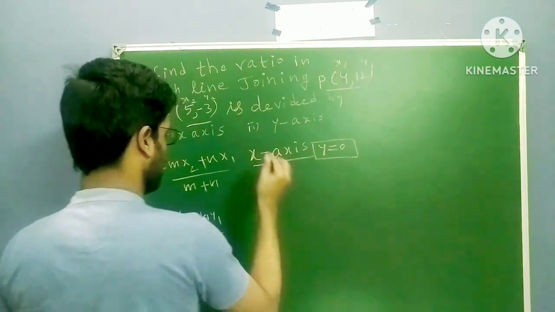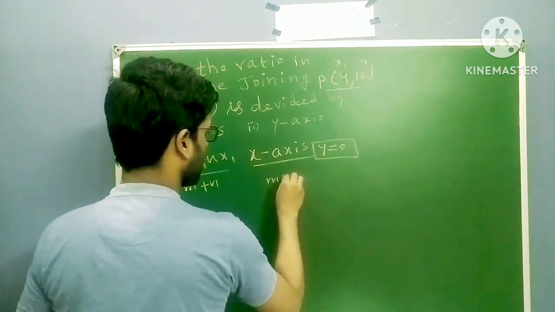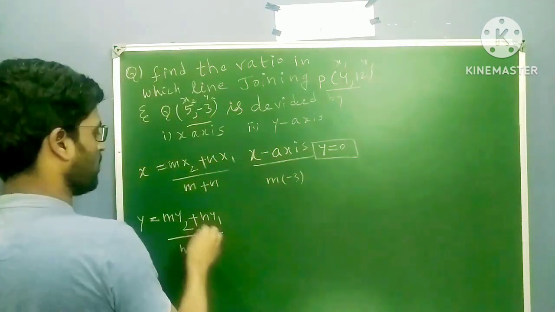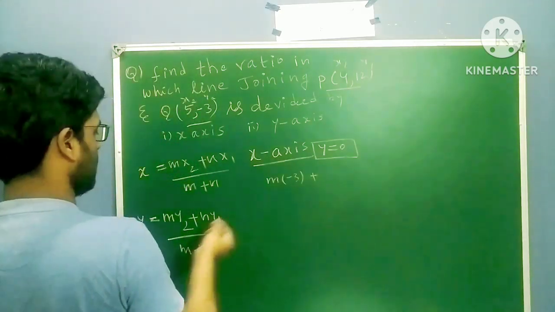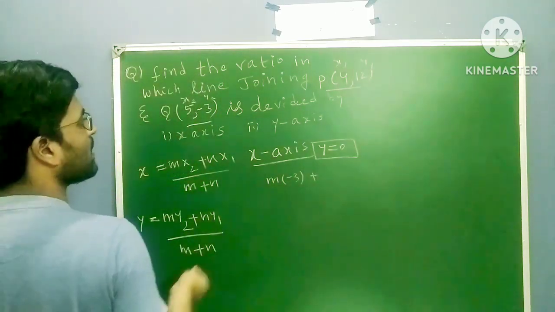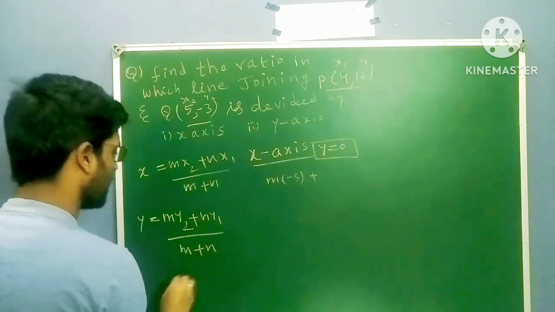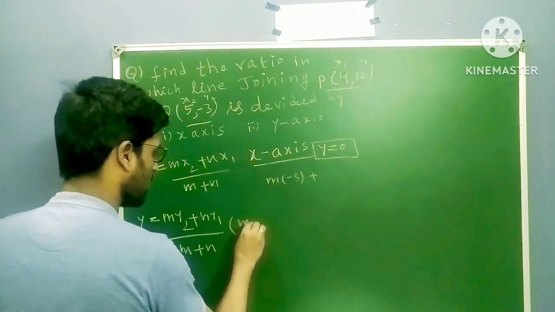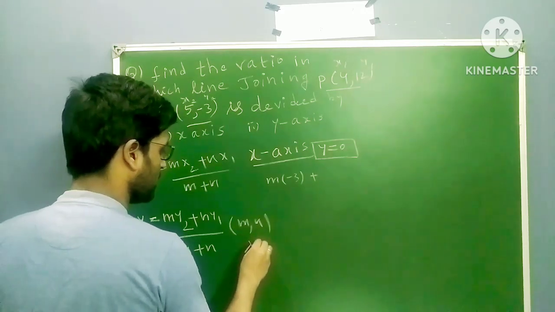Put in the formula: m times y2, which is minus 3, plus n times y1, by m plus n. Let's take the m, n values as lambda is to 1.